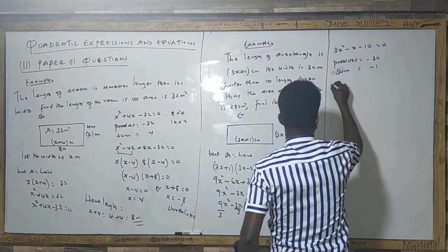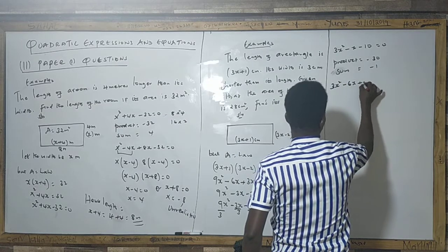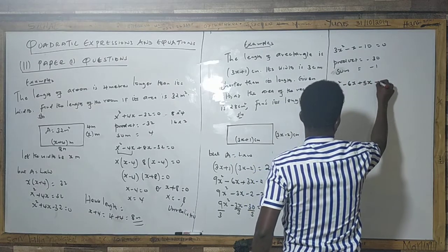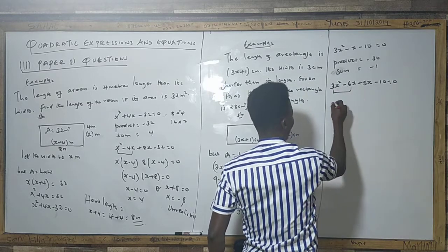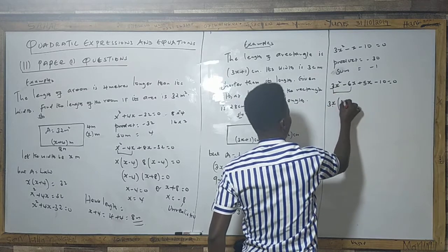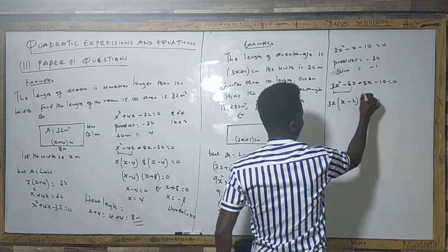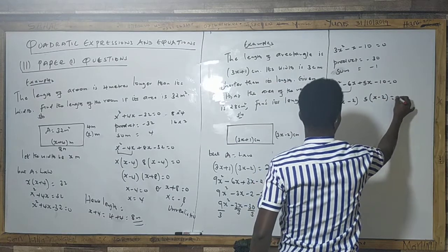So we are going to say 3x squared minus 6x plus 5x minus 10 is equal to 0. Here, between these two, we have 3x as the common factor, yeah? This divided by this, we'll have x minus 2. Here, the GCD is 5, x minus 2 is equal to 0.